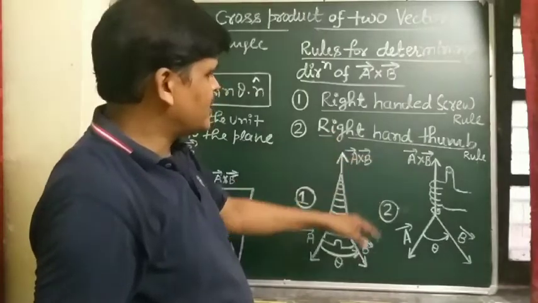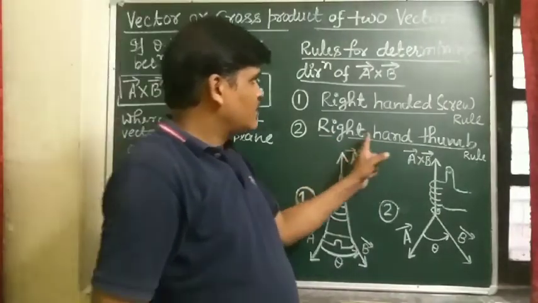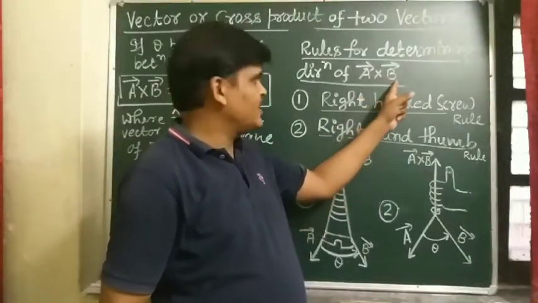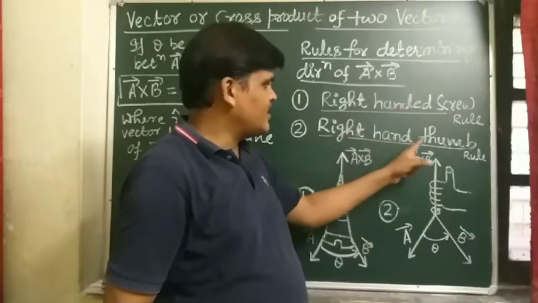And the second rule to find the direction of A cross B is the right hand thumb rule.